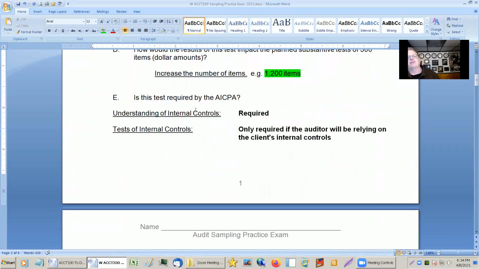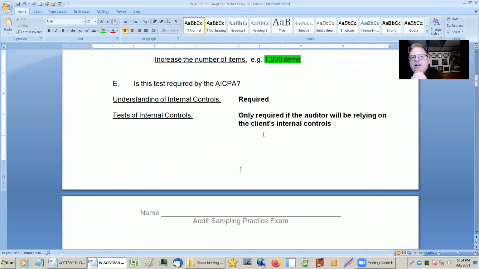Okay. You have to write this down. We already talked about this. So you have to get an understanding of internal controls. Test controls are only relied upon if you're relying on the client internal controls.